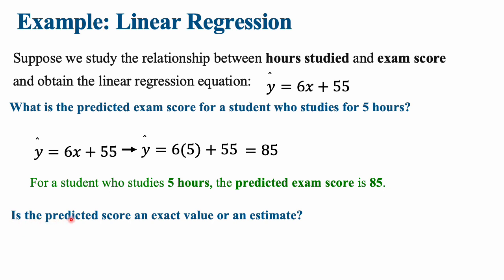Is the predicted score an exact value or an estimate? As I explained, it is an estimate. A prediction is our estimate, not guaranteed. We estimate a student will have 85 if they study 5 hours. We don't know their exact exam score, but we predict 85.